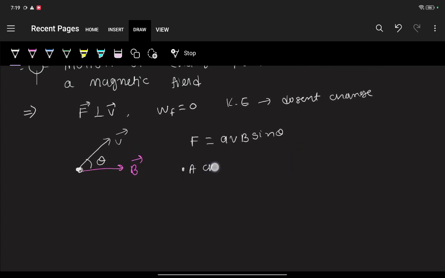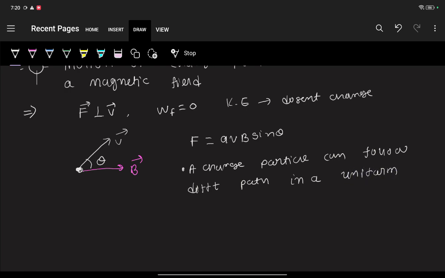A charged particle can follow different paths, or we can say trajectories, in a uniform magnetic field, where the magnetic field is uniform.